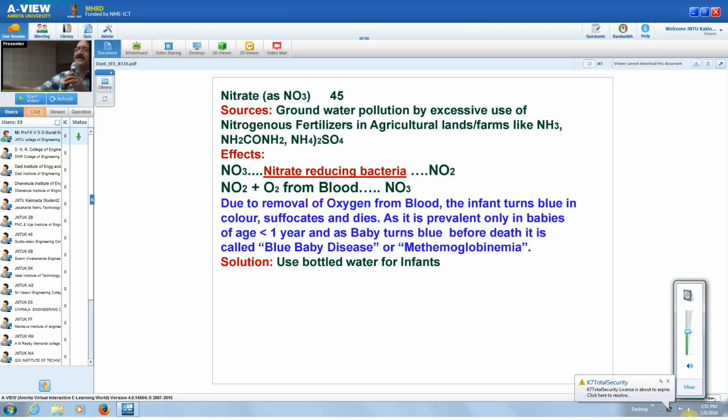So the groundwater is contaminated by this excessive use of nitrogen based fertilizers. What are the nitrogen based fertilizers? One is ammonia, another one is urea, NH2CONH2. Another one is ammonium sulfate, (NH4)2SO4. Mainly it is urea. For example, our own Nagarjuna urea is a very popular urea.